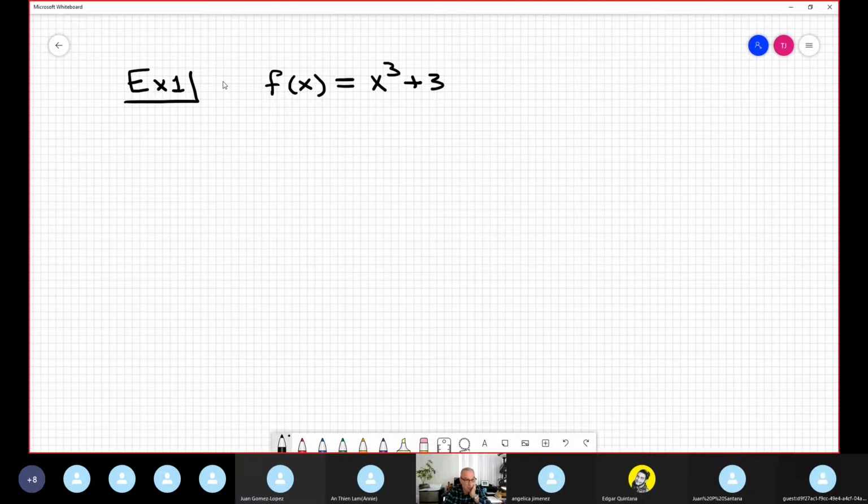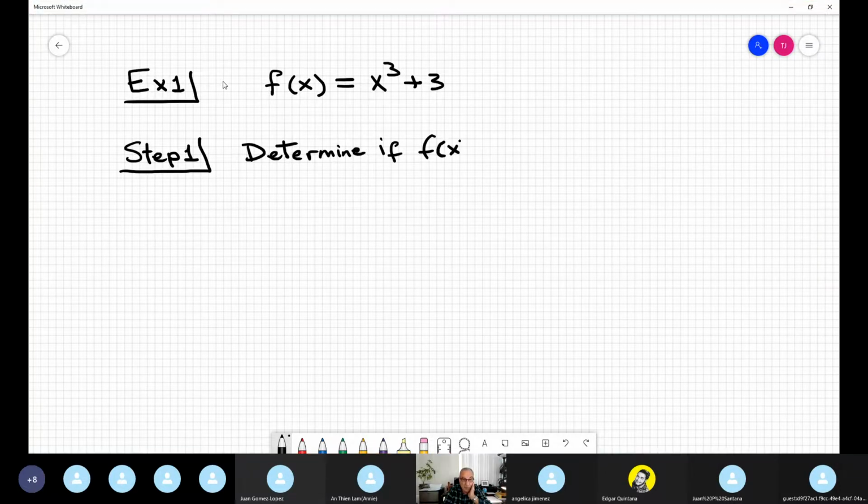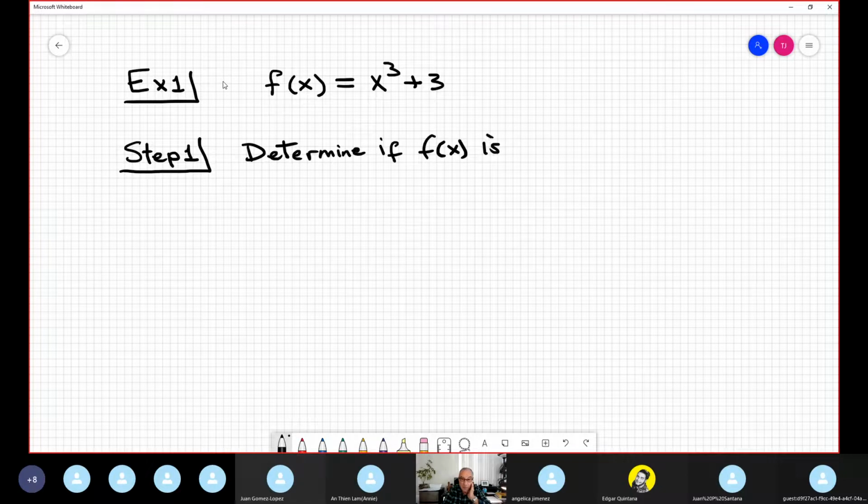Question number 1, so step number 1, is determine if this function is one-to-one or not. Because if the answer is yes, this opens the door to find the inverse, because the inverse exists.